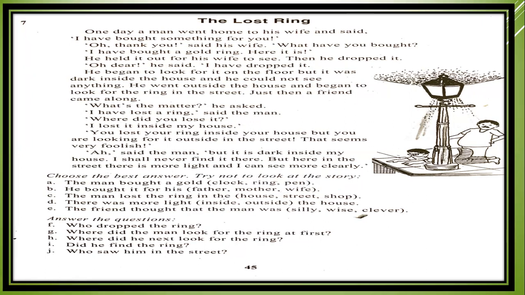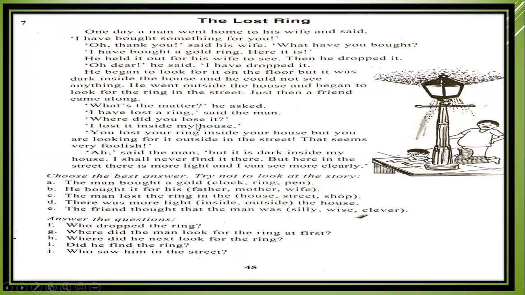Do you understand this story, children? It's a very funny story about a foolish man. He lost the ring inside, but because of the darkness, he was searching outside. Isn't it silly? He was a foolish man. How could he find the ring outside?